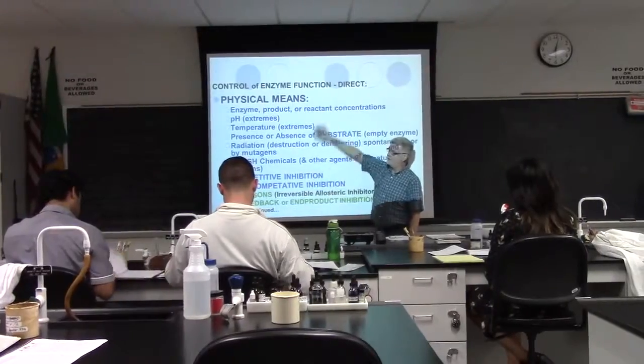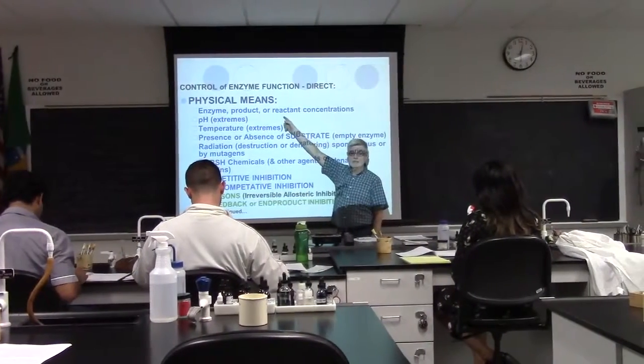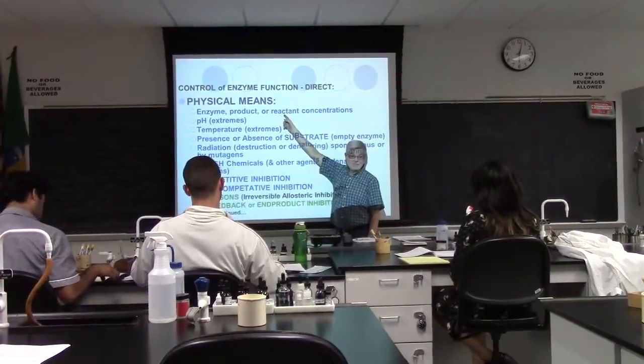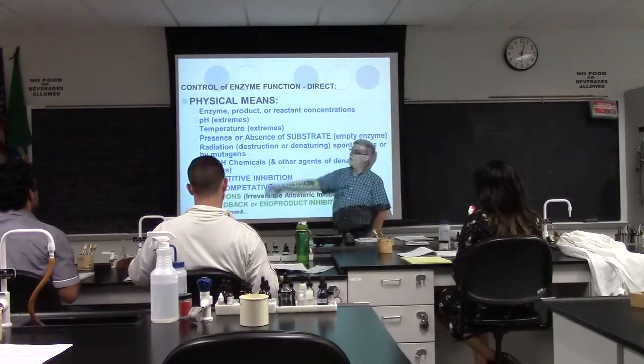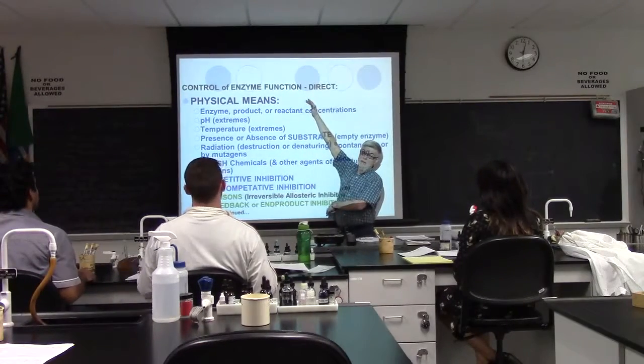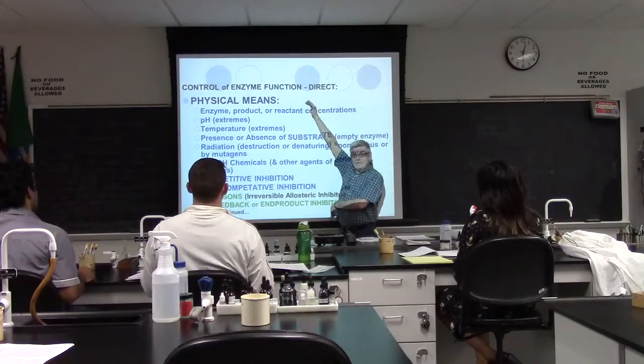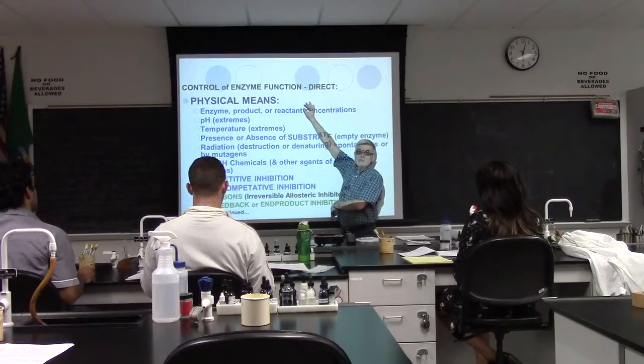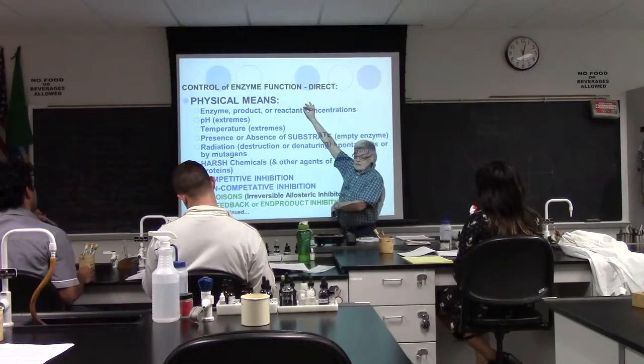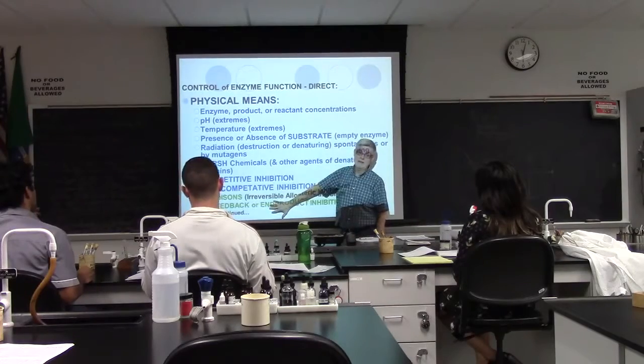these are the physical means, and remember the organization of this is from the least efficient to the most efficient of this category. The least efficient means it uses the most ATP for the cell, and this would use the least amount.